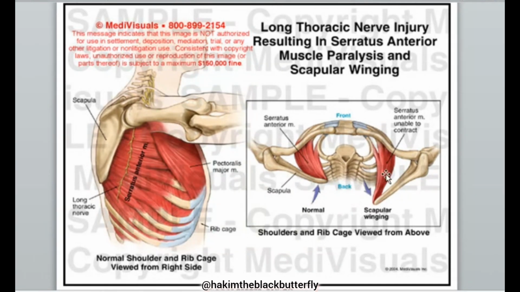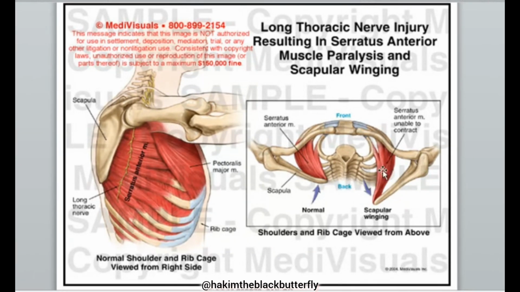This is the indication of paralysis of the serratus anterior, causing a condition known as scapular winging. It's like the wing of a bird, because when the scapula peels off from the back, it looks like a wing. So scapular winging is a result of paralysis of serratus anterior, such that it can no longer pull the scapula back to the back.